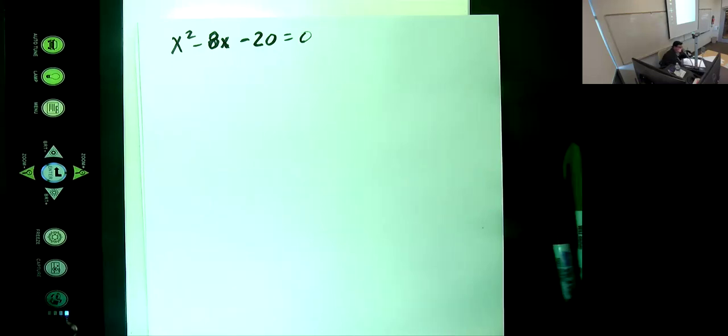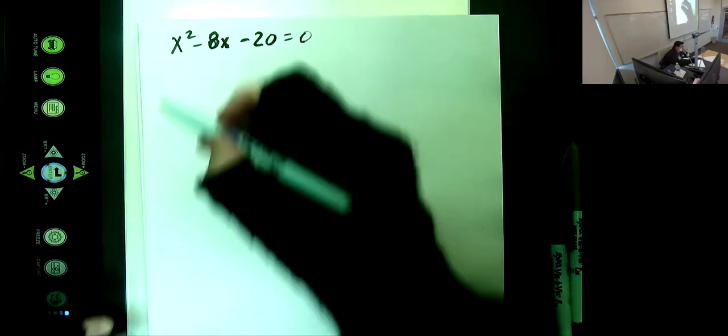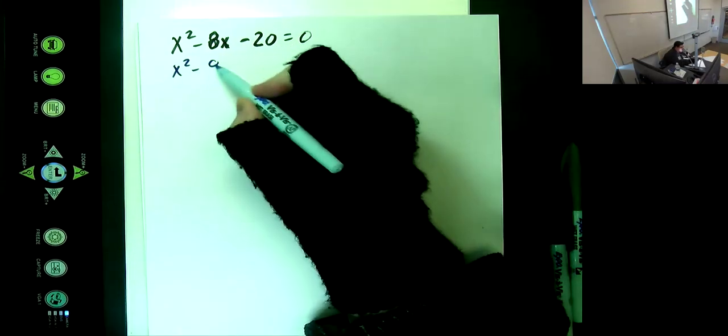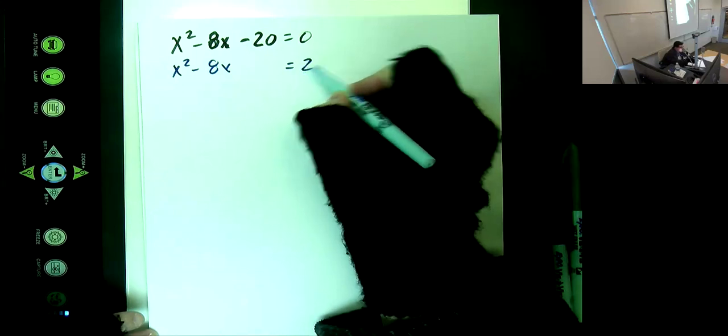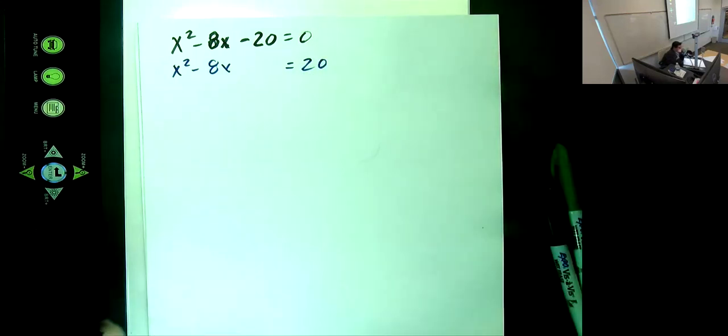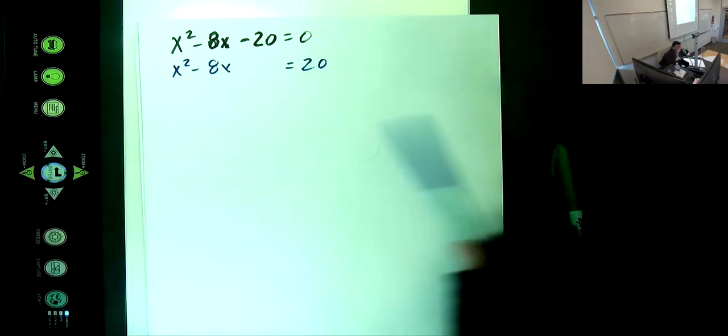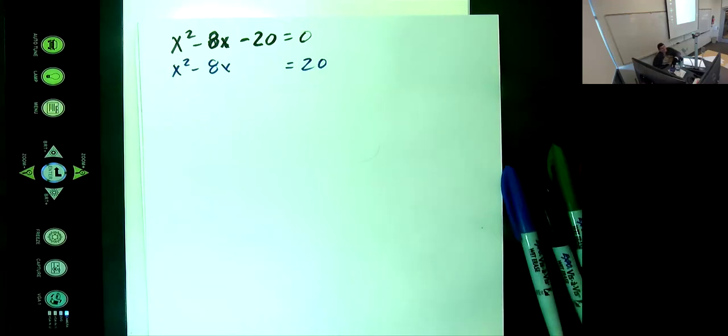Something you might find helpful is just to move the 20 right away. Add 20 to both sides. Give me one more minute, we'll do it together.